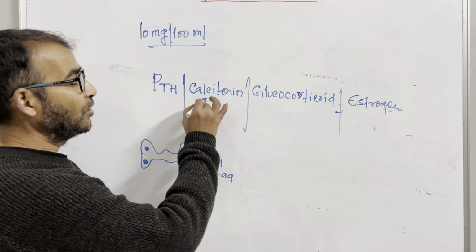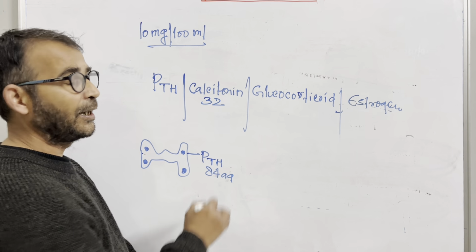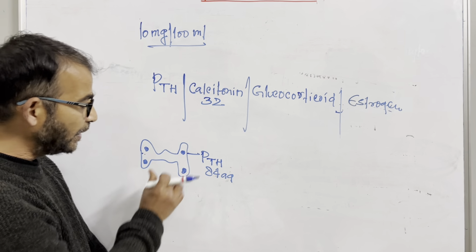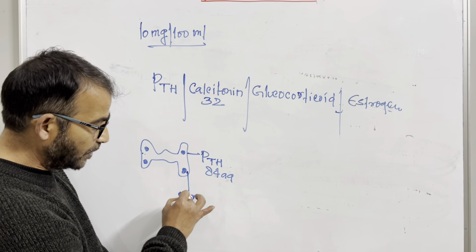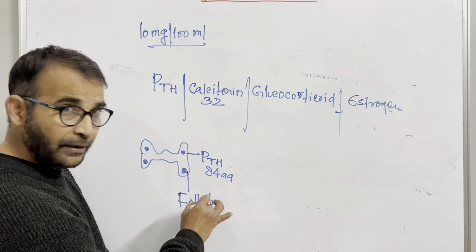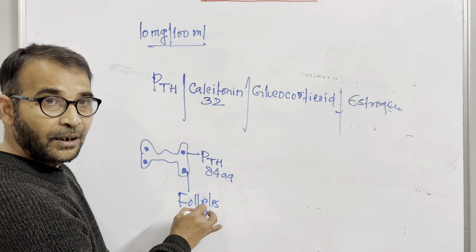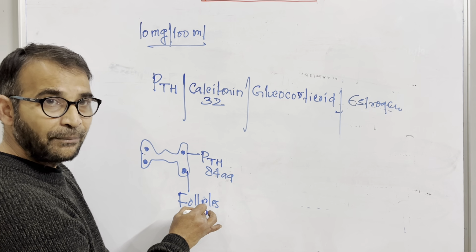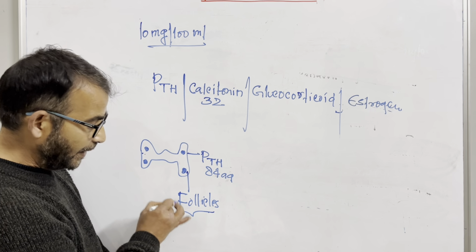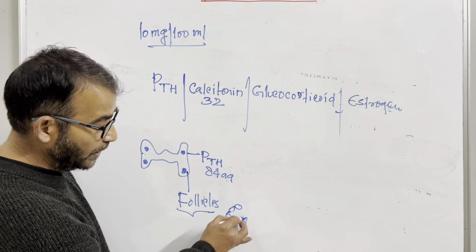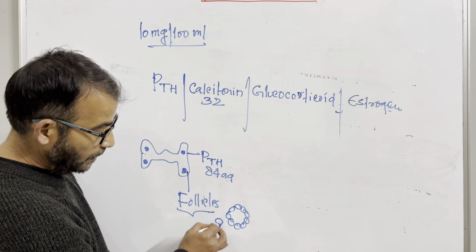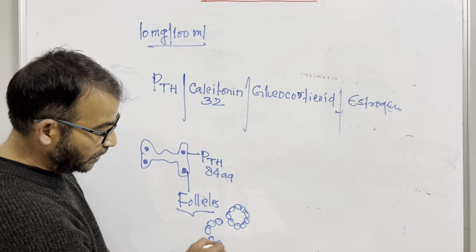Now, calcitonin is secreted from the thyroid itself. The thyroid gland has lobes or follicles. If you look at the structure of the follicles, you will find that the follicles are made up of cells which store the thyroxine hormone.